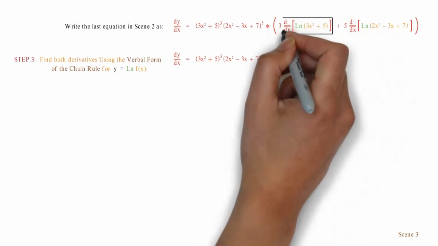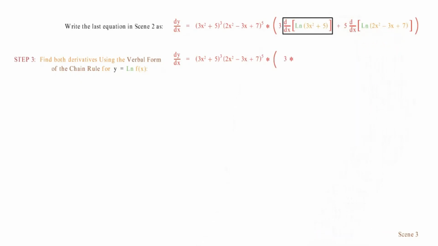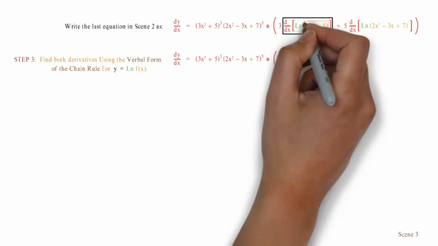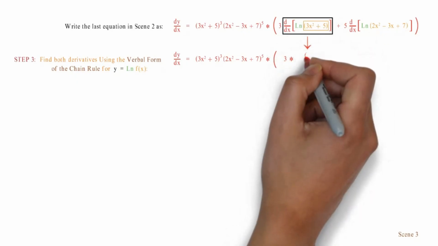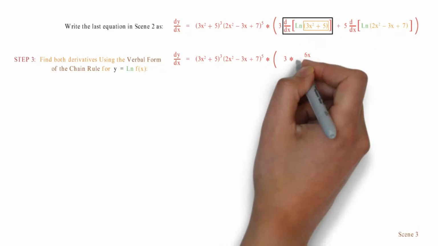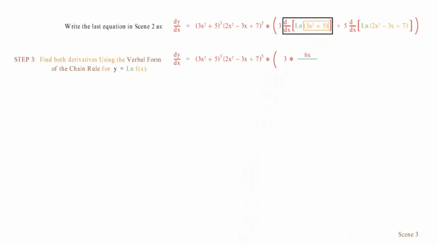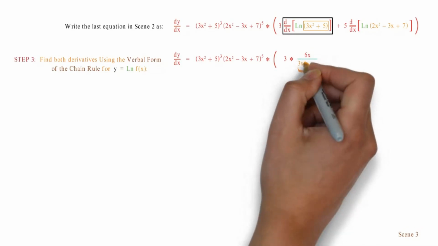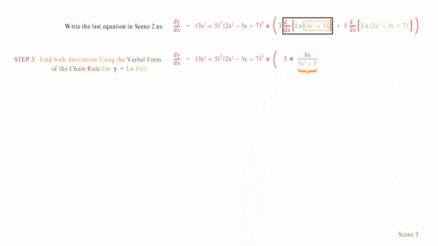This derivative equals the derivative of the argument of ln, which is the derivative of 3x squared plus 5, which is 6x, divided by the argument of ln, as before, 3x squared plus 5.